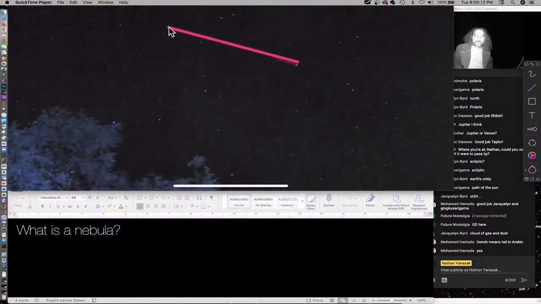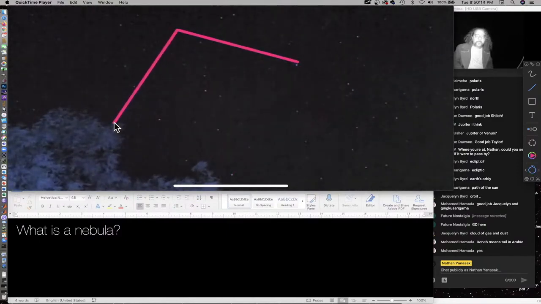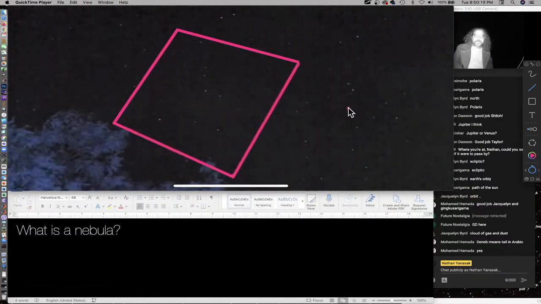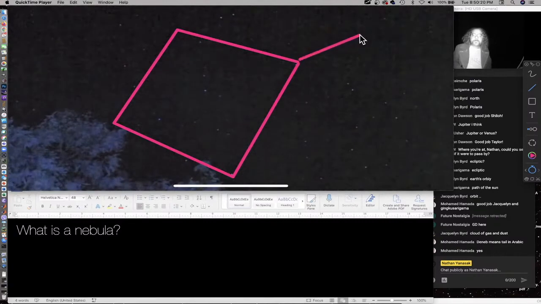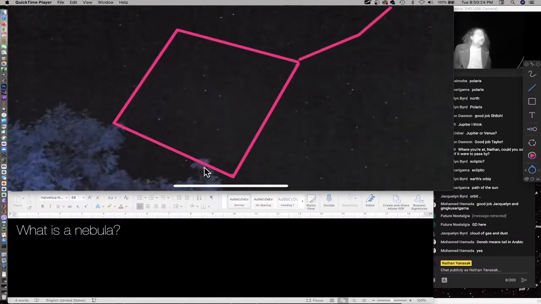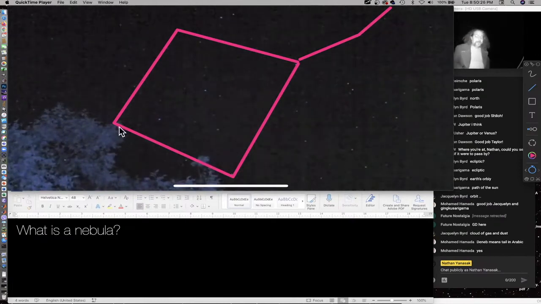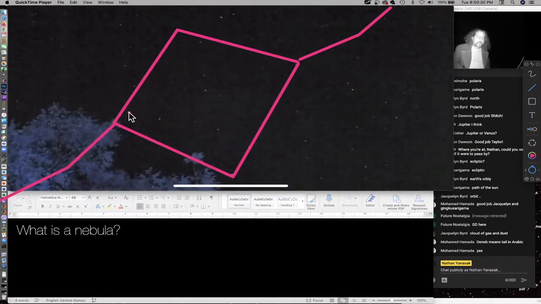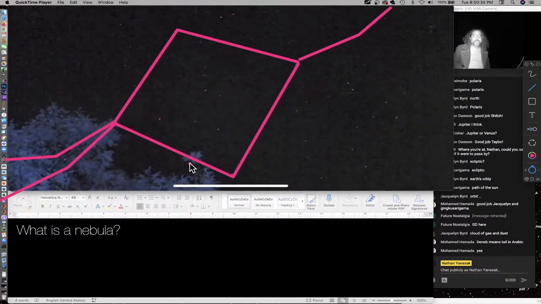All right, so that's the main part of the asterism. There's actually a part that goes on up like this. And you can't see behind the trees, but there's actually something that goes a little bit like this, if you know where the stars are behind the tree.